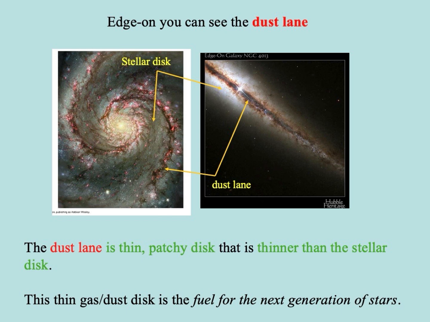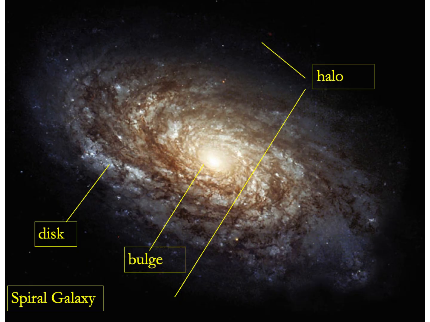Here, you can more easily see the dust lane, a thin, patchy disk of gas and dust that is fuel for the next generation of stars. The major components of spiral galaxies are the bulge in the center, the disk that surrounds the bulge, and the halo, which is the area both above and below the plane of the galaxy.